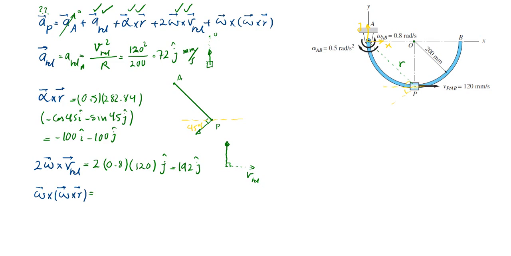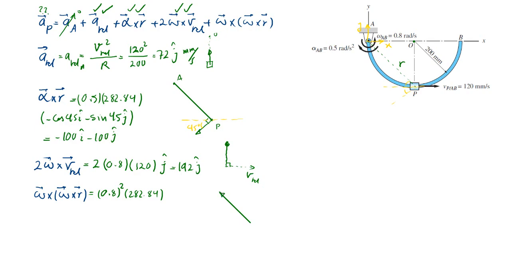So the magnitude is omega squared times R. To find the components, it points from the point we're studying towards the origin of the local frame, this way.